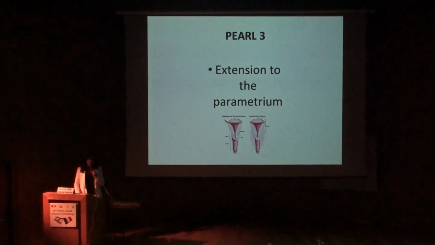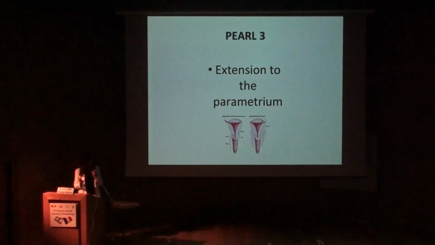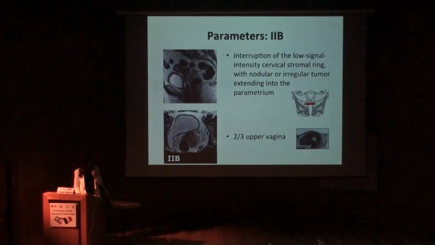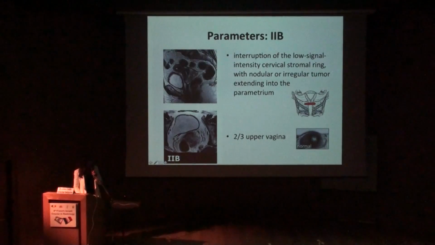The second important message, just after the size in your written report, is to state whether or not there is an extension to the parametrium. For that, it is important to keep the pattern of the ring of the cervix.